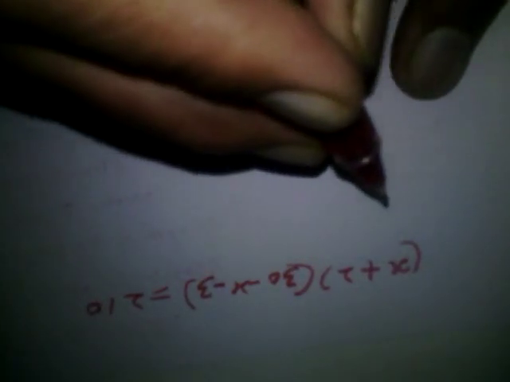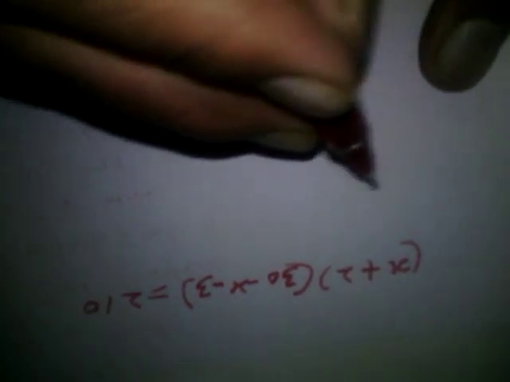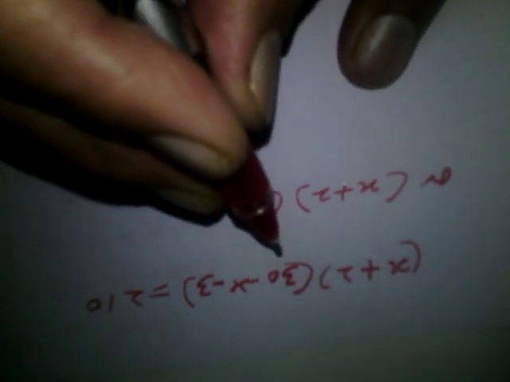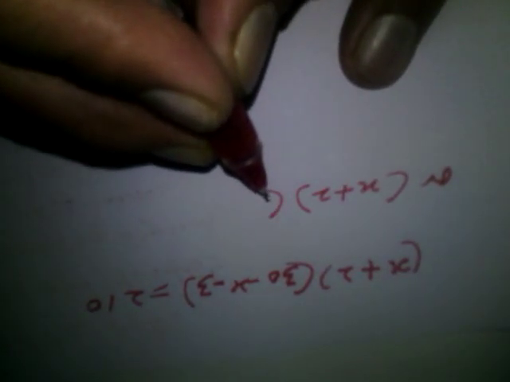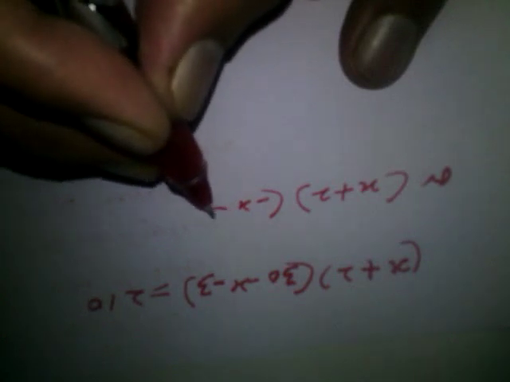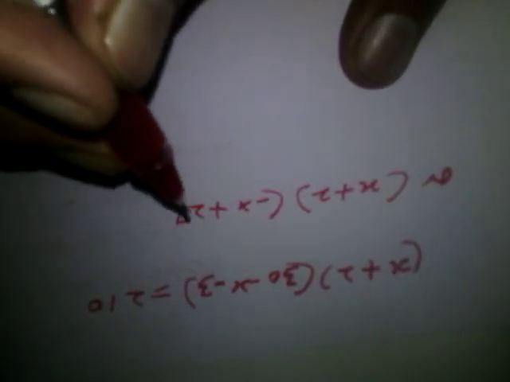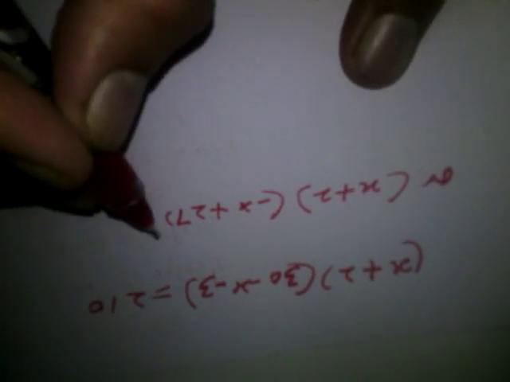Now we will simplify it. (x plus 2) into (minus x plus 27), since 30 minus 3 is 27, is equal to 210.